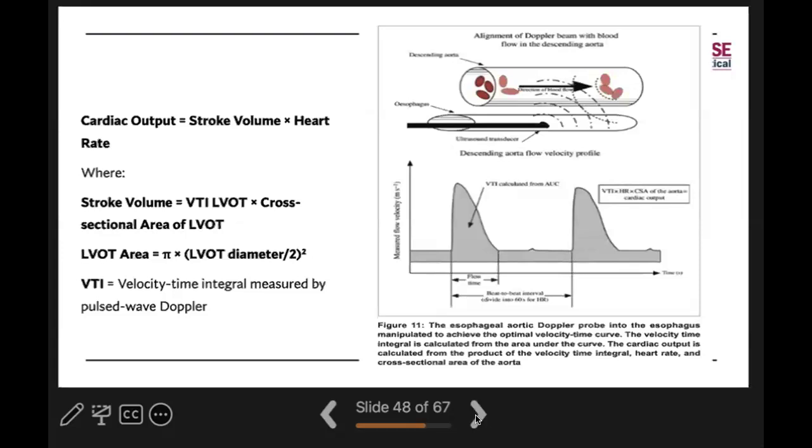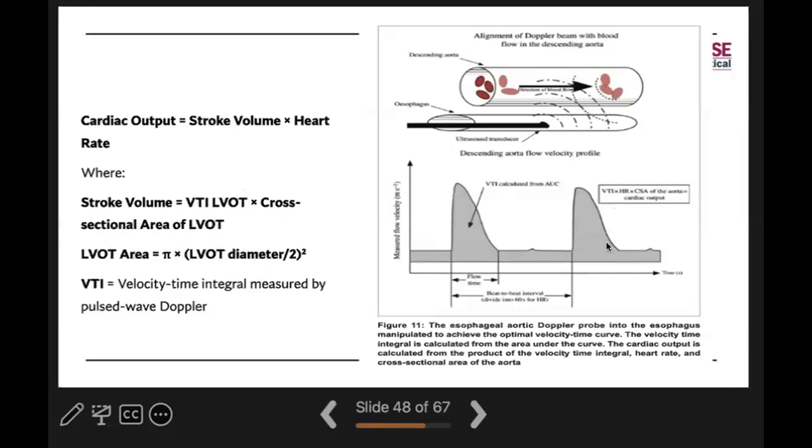We know this formula. And here, using an esophageal echo, the stroke volume is going to get calculated by the velocity time integral at the left ventricular outflow tract into the cross-sectional area of the left ventricular outflow tract. The cross-sectional area is going to get calculated by this formula, and VTI is by means of the Doppler principle. Okay?